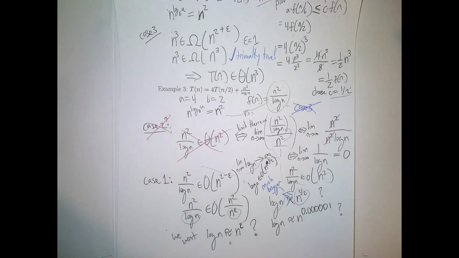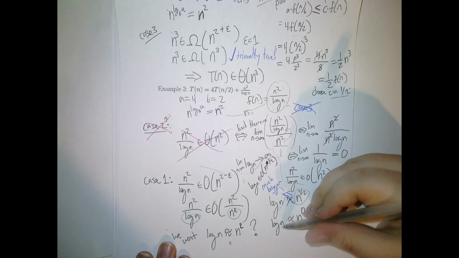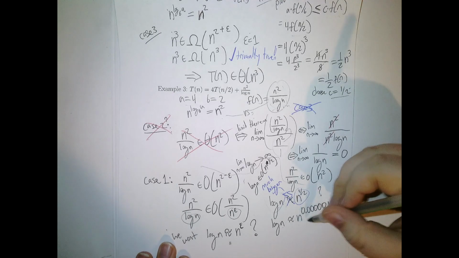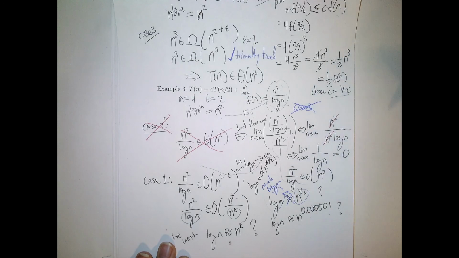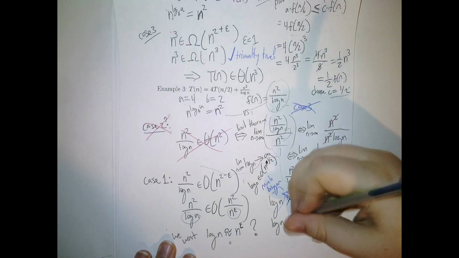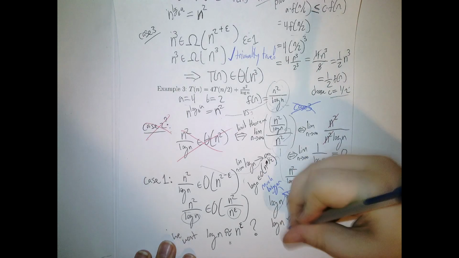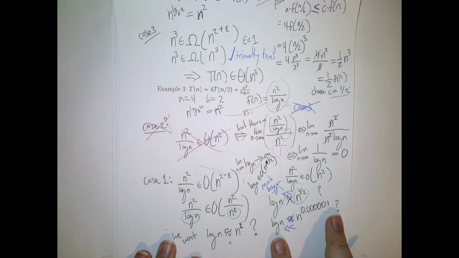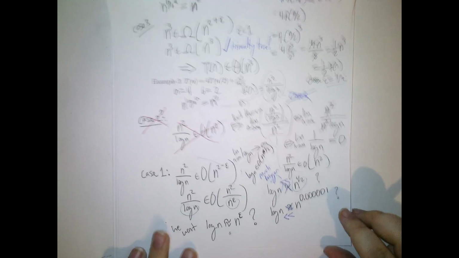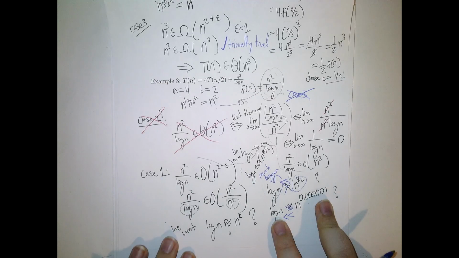The interesting part here is that, comparing log n to something like n to the 0.00001, you would think, well, if I just keep adding zeros, eventually I'll get there. Nah, turns out that doesn't work. Again, log n will be much smaller than n to the 0.0001 for large values of n.